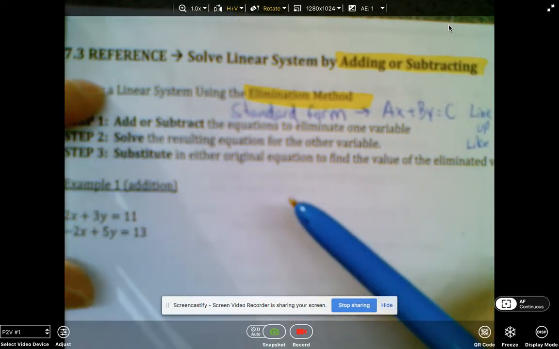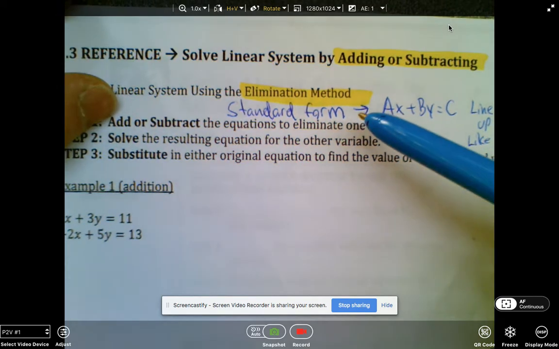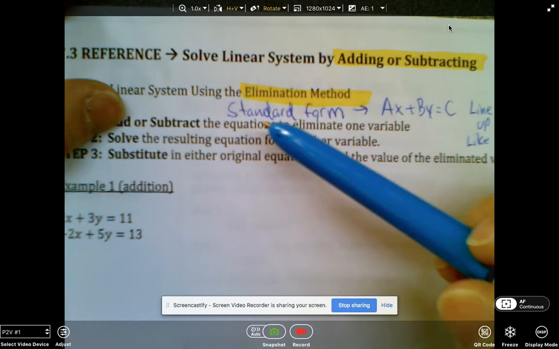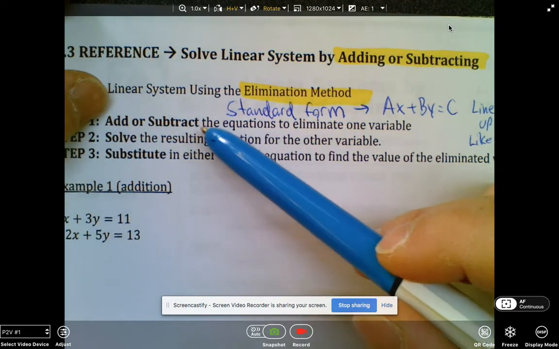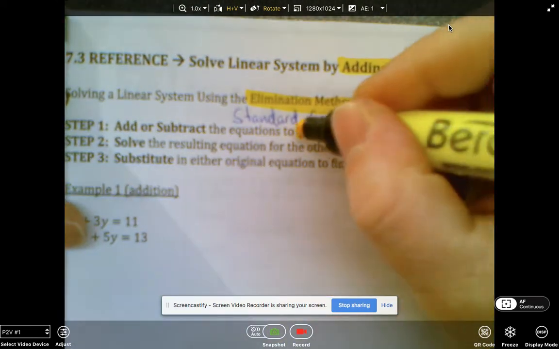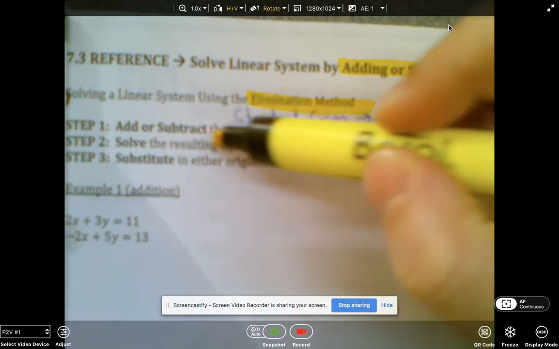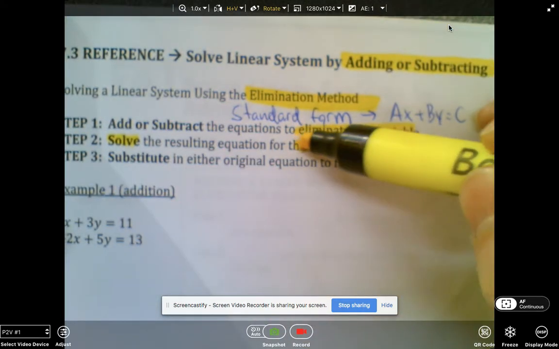So basically, the first step in these examples is to add or subtract the equations, and this will work because in today's examples you'll be able to eliminate one of the variables from the system, and then you're going to solve the resulting equation for the other variable.